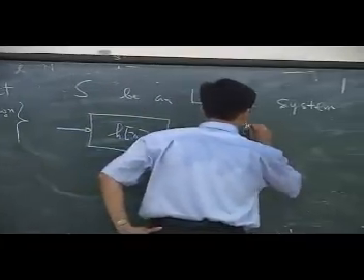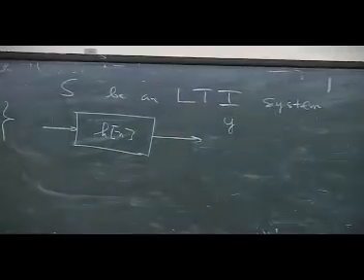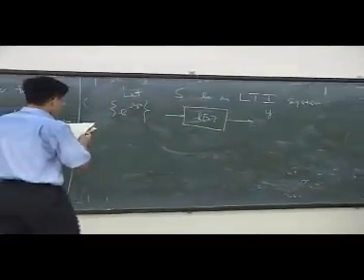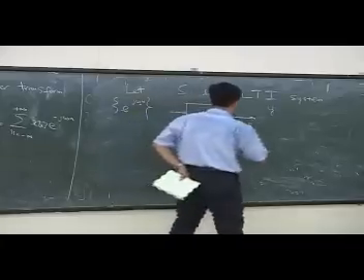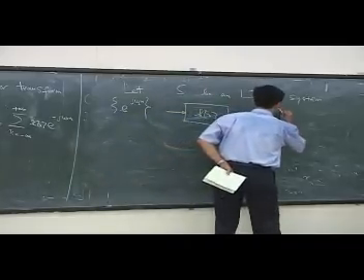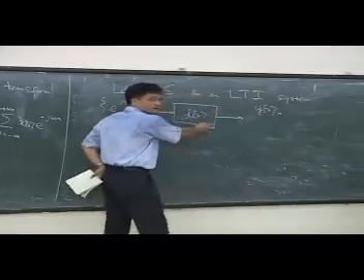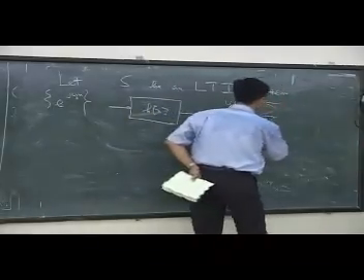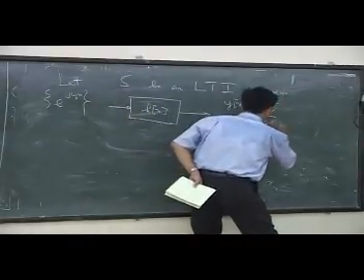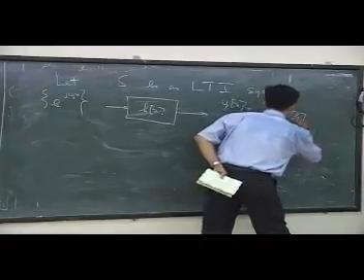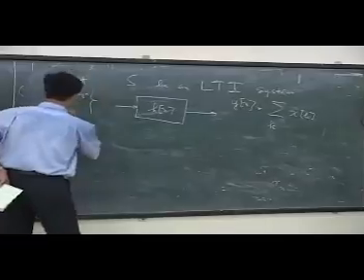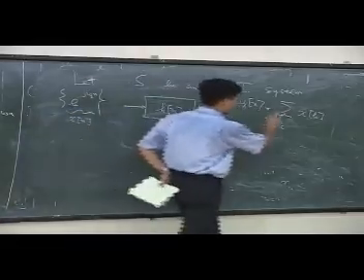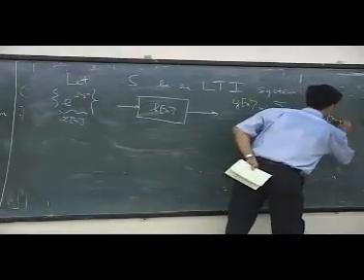Then the output y[n] of that particular system is simply taking this and converting this. I can write it as a summation over k, taking the convolution of x[k], where x[n] is equal to this, with h[n minus k].